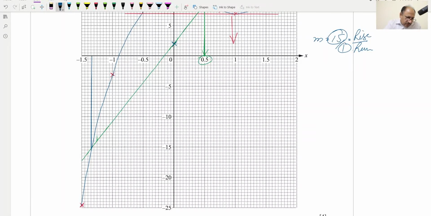So if we check the reference, this will be like 1.35 basically. So minus 1.35.